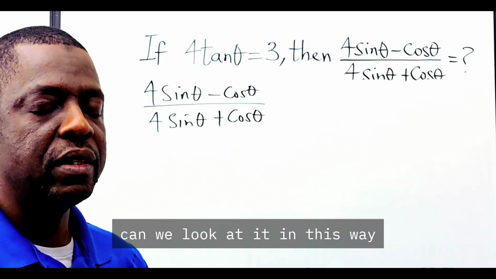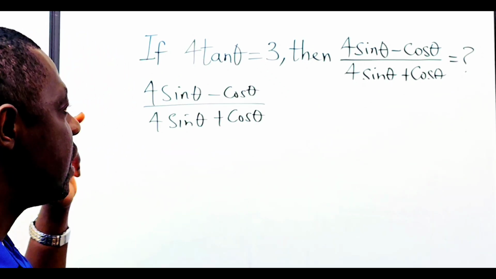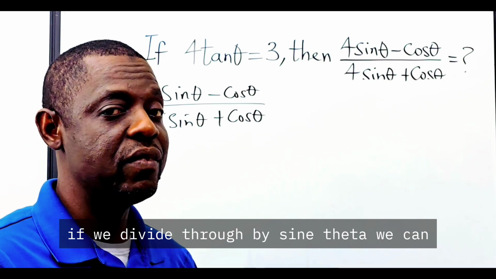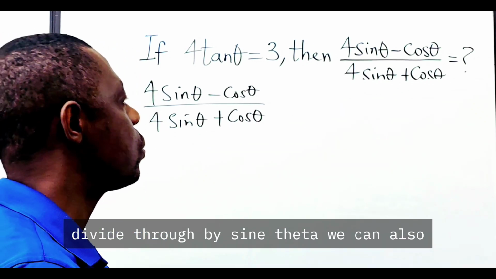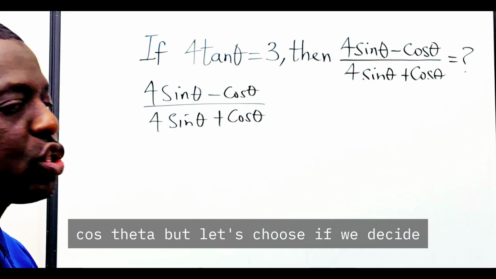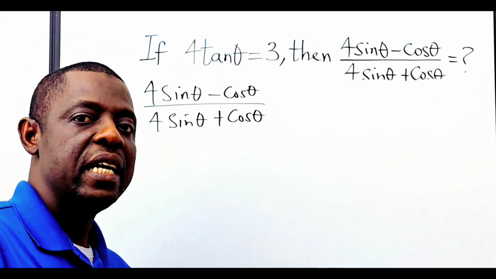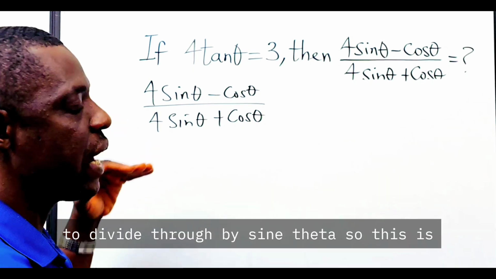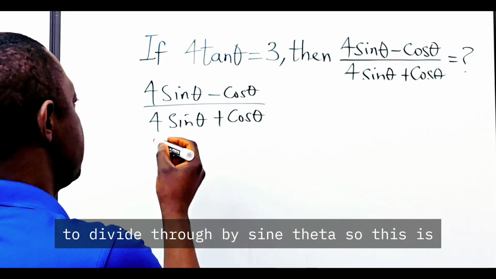Can we look at it in this way? If we divide through by sine theta, we can divide through by sine theta. We can also divide through by cos theta. But let's choose to divide through by sine theta. So this is the meaning.